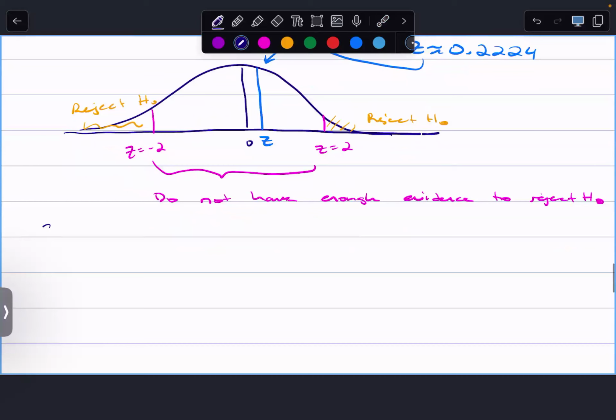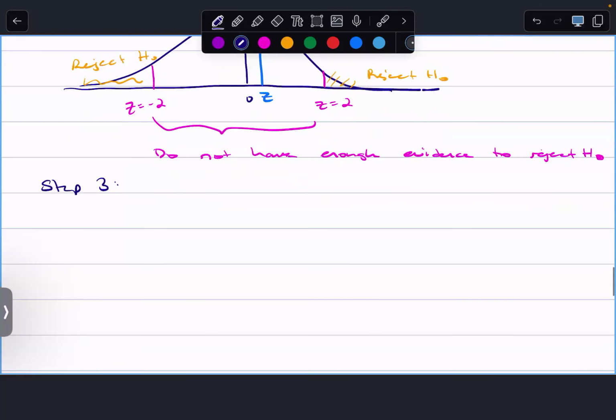And so now, step 3. This is a formal hypothesis test, and so we have to use p-values. So find the p-value. The p-value is determined by the alternative hypothesis. Which tail do you want?